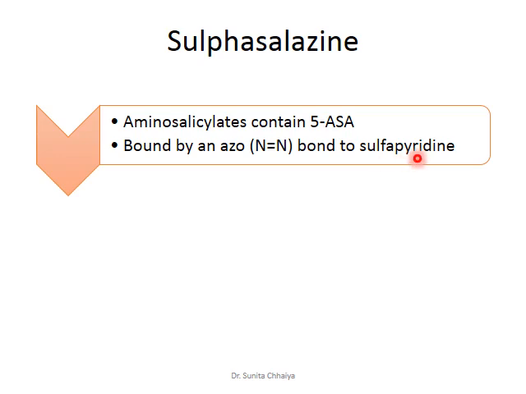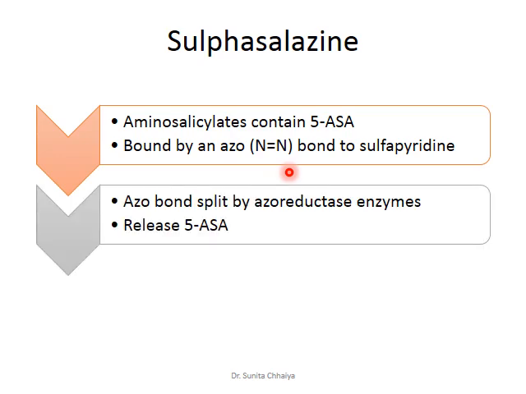This sulfapyridine is known as an inert moiety. This azo compound, 5-ASA bound with sulfapyridine by the azo bond, is least absorbed in the stomach and small intestine.